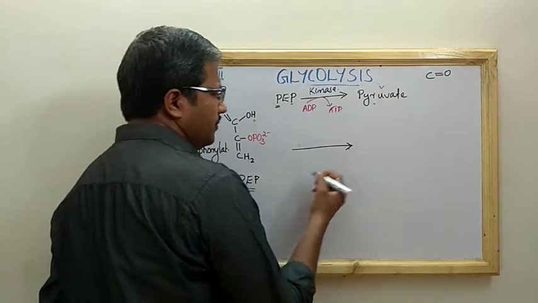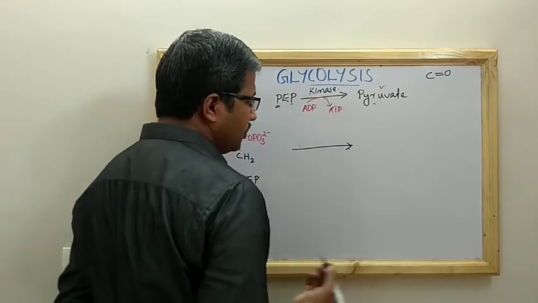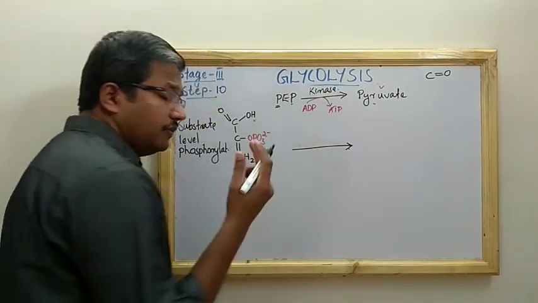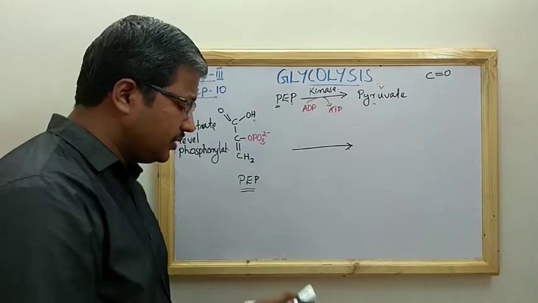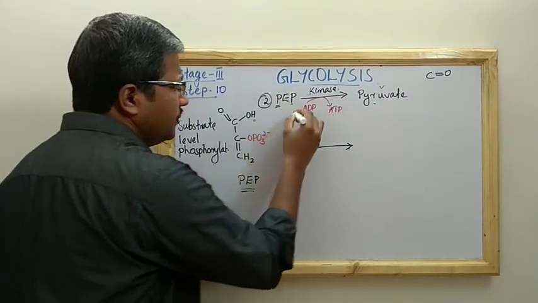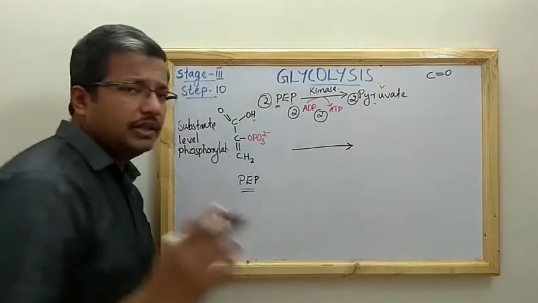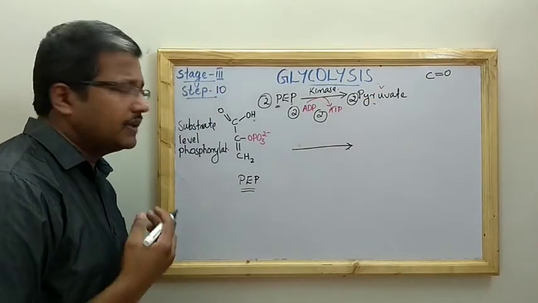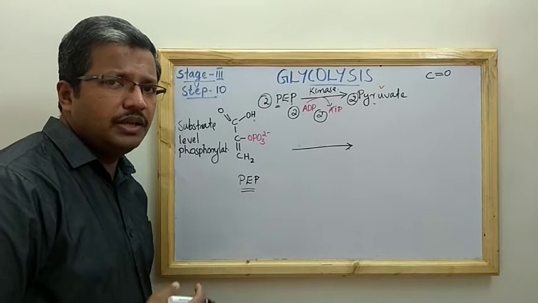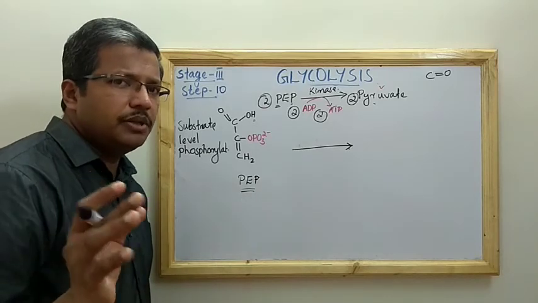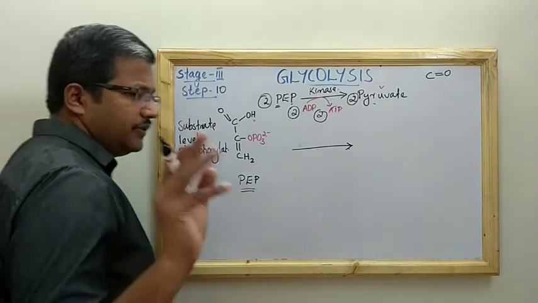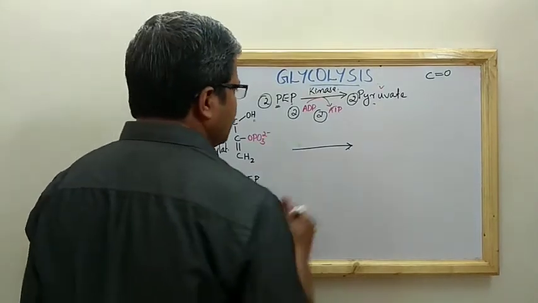Kinase is the enzyme, and don't forget that ATP will be formed. So how many ATP? Don't forget, everywhere here it is 2 only. So 2 phosphoenol pyruvate, 2 ADP, 2 ATP, 2 pyruvate. Don't forget that after stage 2, from stage 3 the entire molecule will be 2 in number, because glyceraldehyde 3-phosphate is formed as 2 in stage 2.